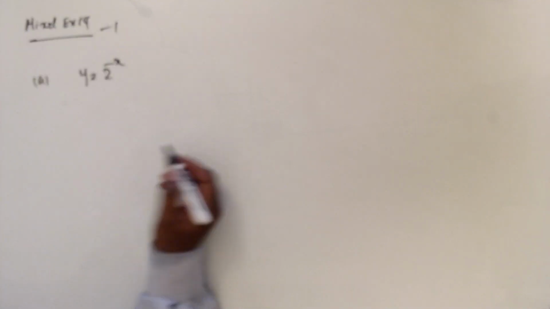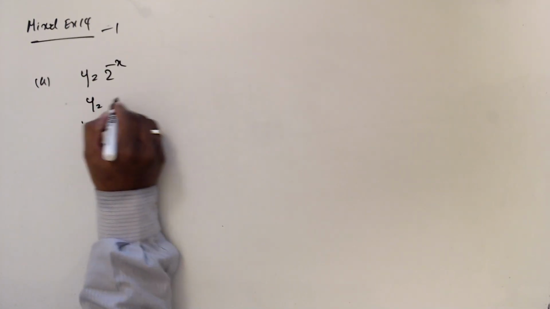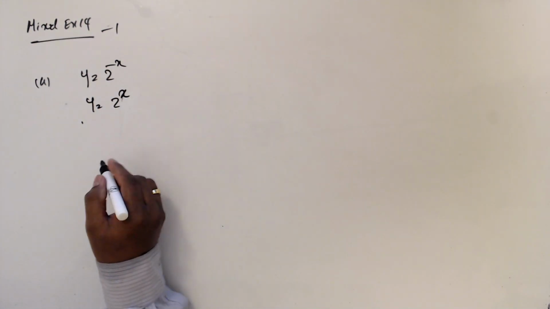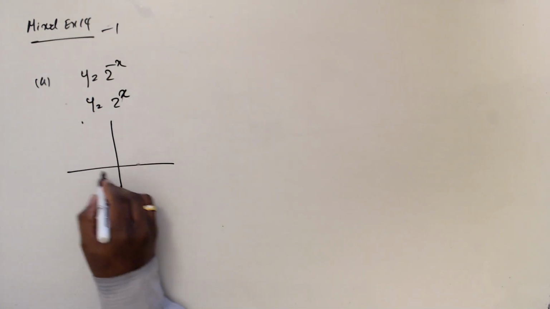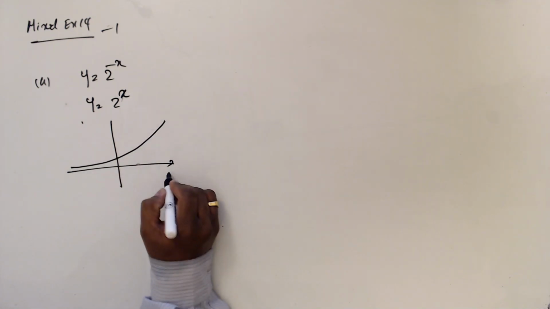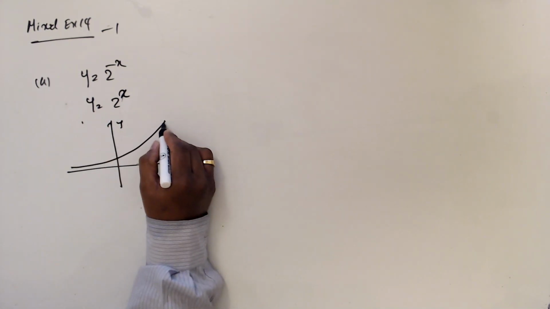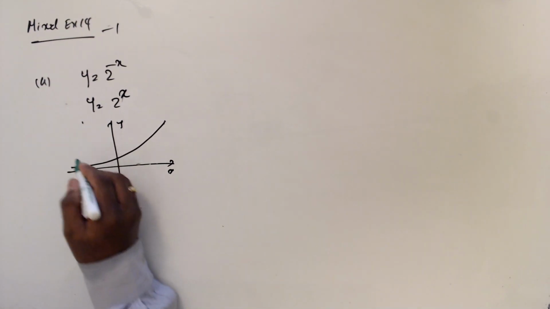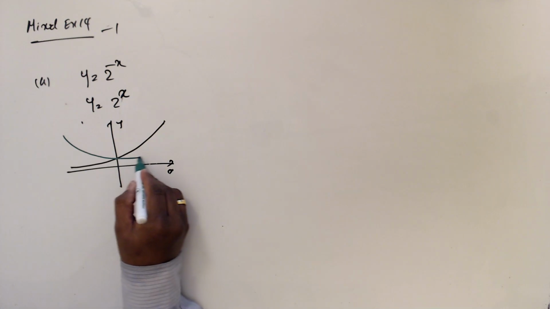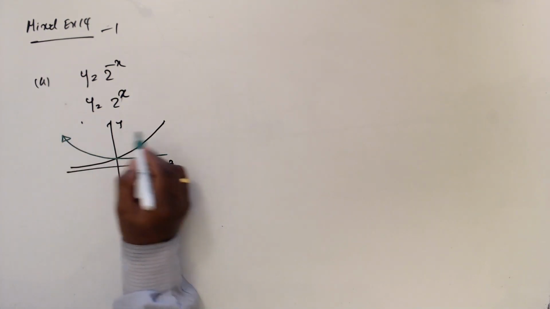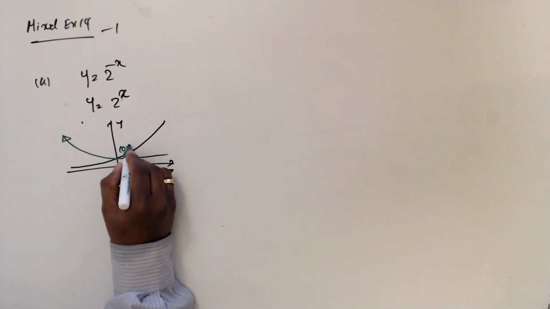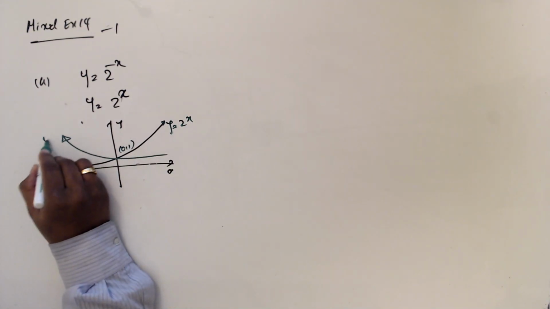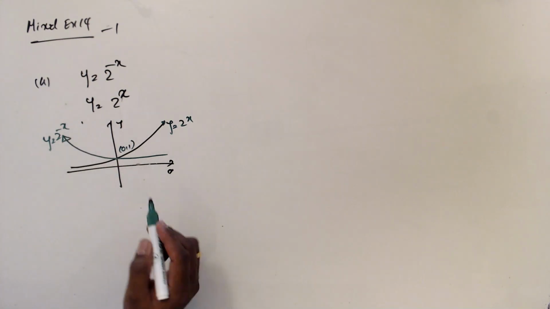First of all, if you can remember the y equals 2 to the power x graph, we can see that this kind of graph, and then the 2 to the power minus x graph is going to be the other way around, like this. It is going through 0, 1. So this is y equals 2 to the power x. This is y equals 2 to the power minus x.